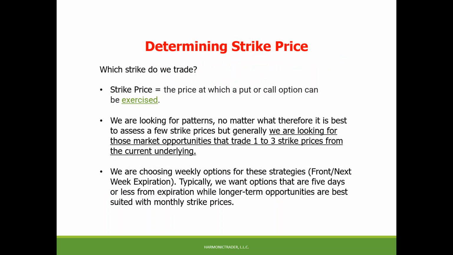Now, let's talk about the strike price, because this is probably the most difficult assessment. The stock's trading at $100. Do we buy the $100 strike, the 105, 110? As we've seen in Microsoft and Nvidia today, we had some really big moves on a percentage basis that are 2, 3 strikes out.